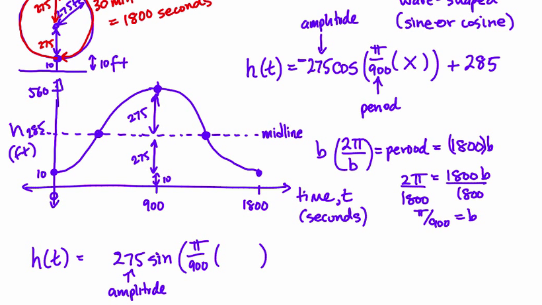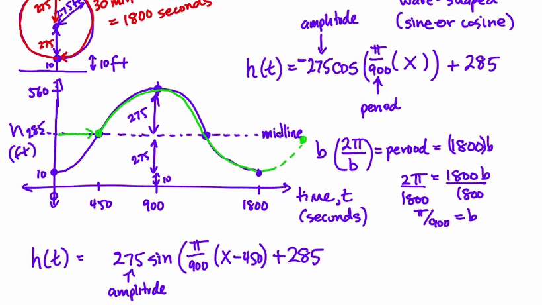But now there's a phase shift, because a sine graph starts on the midline, goes up, down, and then back up again. So my phase shift is I've moved it to the right. So to account for that, I need to move it to the right. And the amount that I've moved is exactly 450. So minus 450, I'm still up 285. And this is a plus sign in front because I haven't flipped the sine graph.